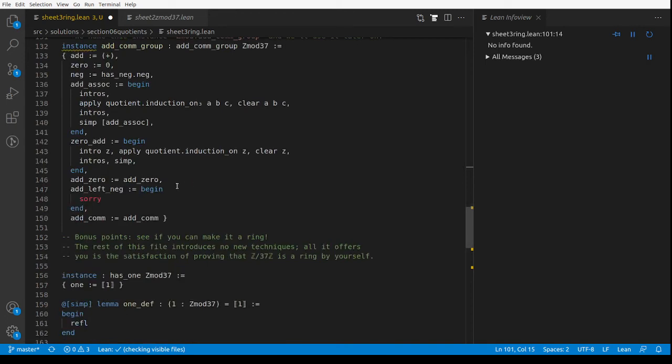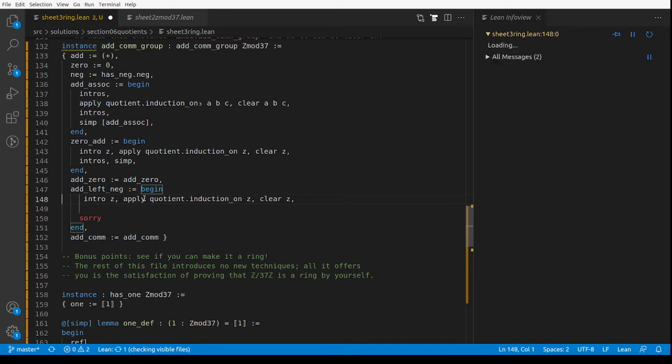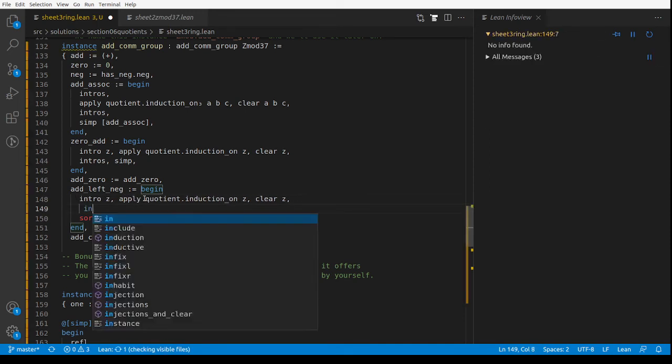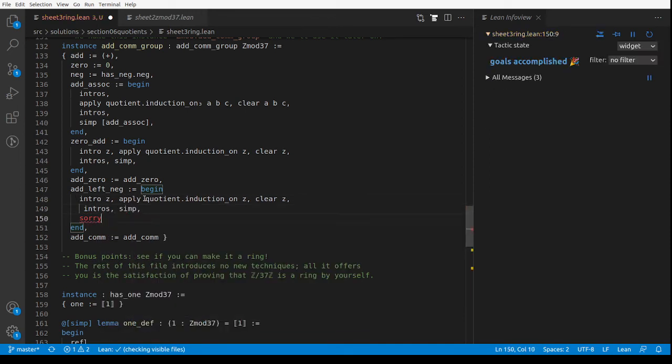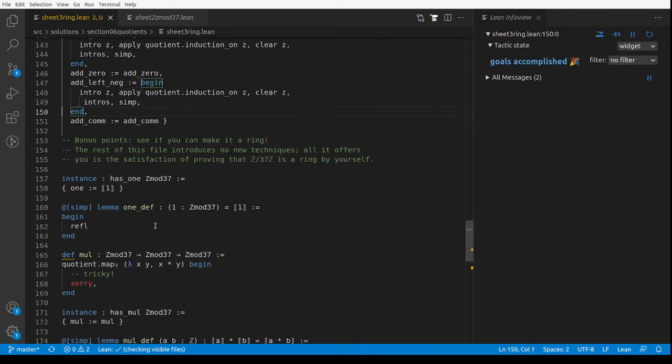Now what have we got to do? Add_left_neg. So again, that's got one variable, so let's try that. And then let's try intro, simp, and that works fine. So now we've proved it's a group, right?